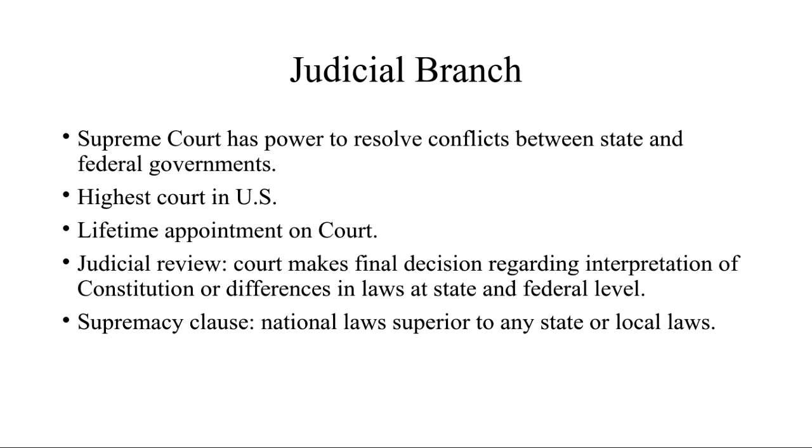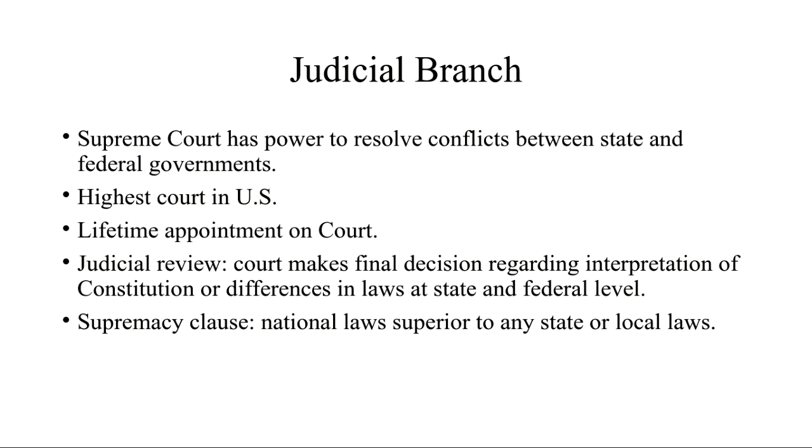So the court makes the final decisions regarding any interpretation of the Constitution, or when there's a difference between state and federal law. The Supremacy Clause does say that national laws are superior to state or local laws.